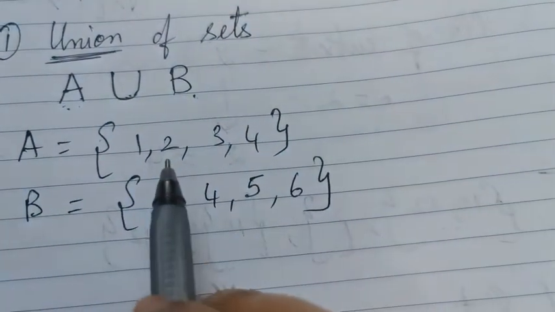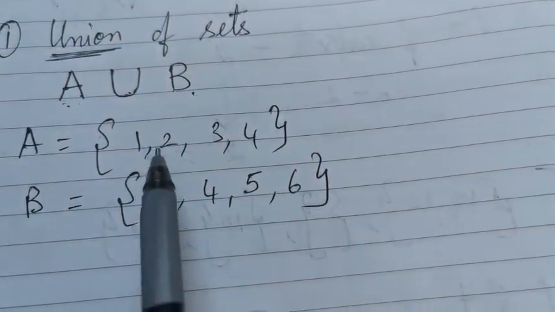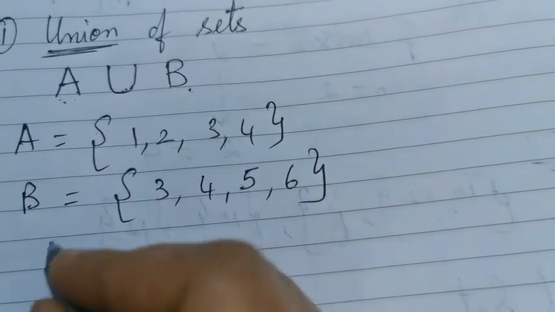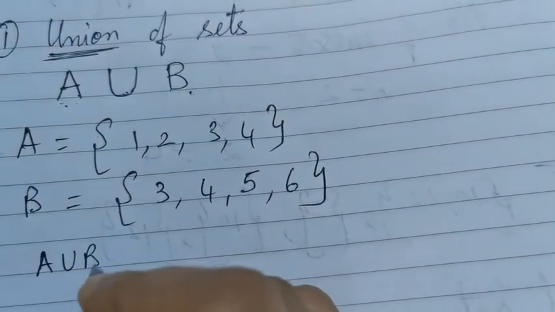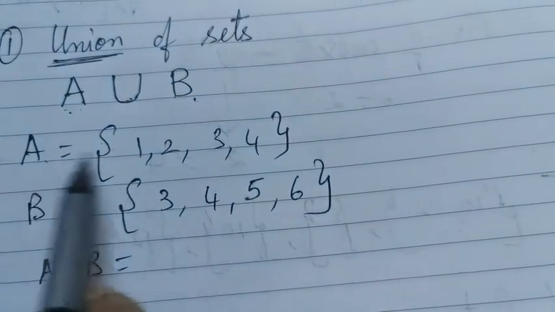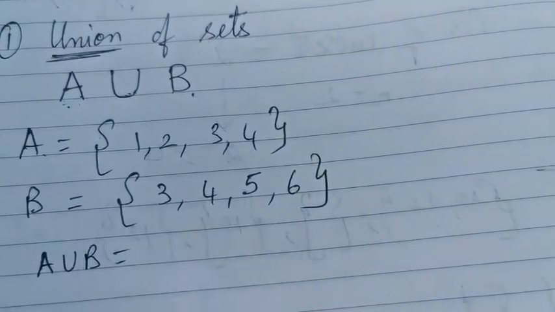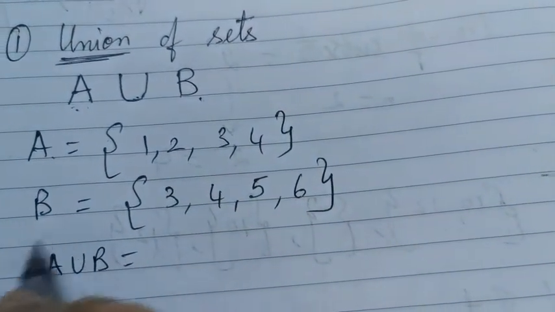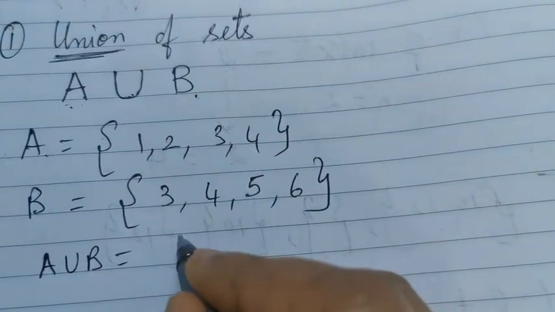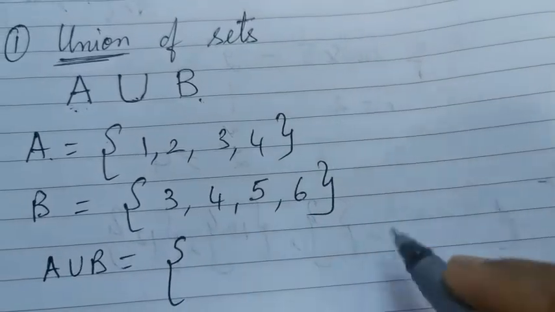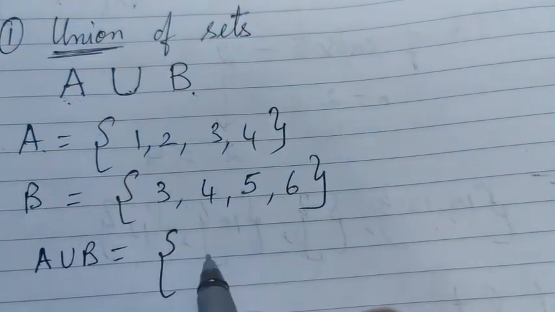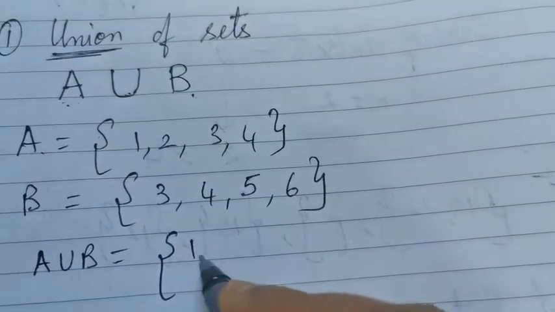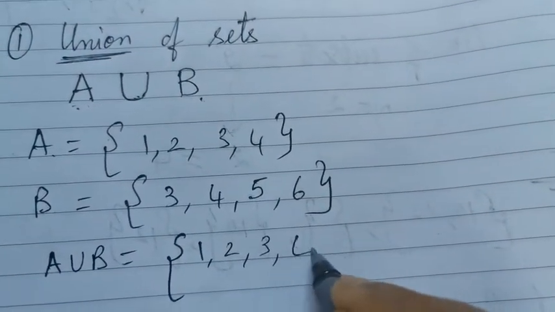So we will have to write all the elements of A and all the elements of B together as a set. A separately has 4 elements, B separately has 4 elements.